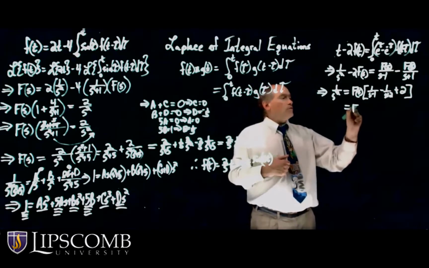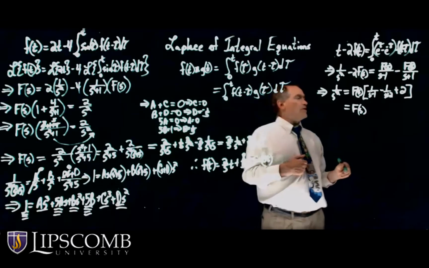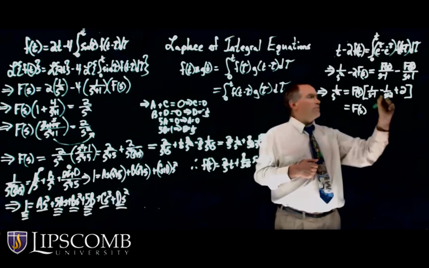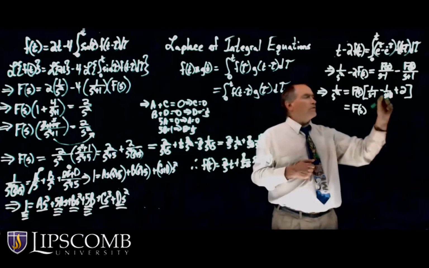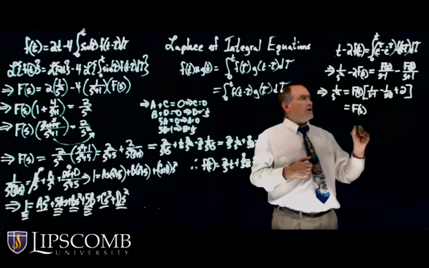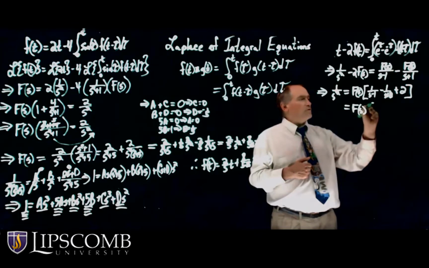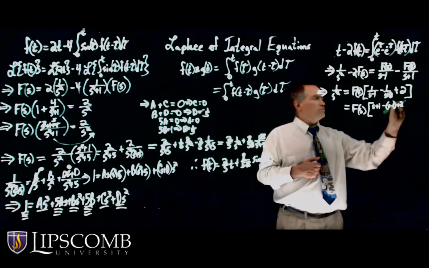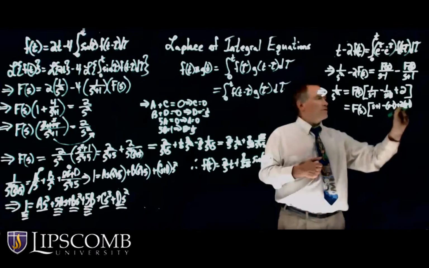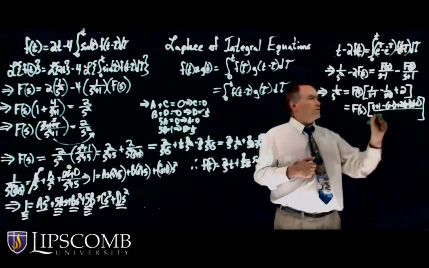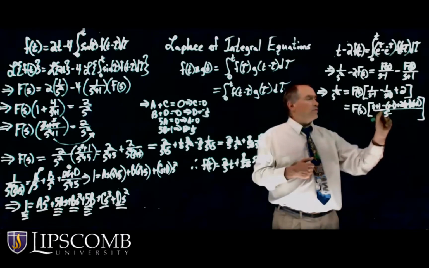If you don't mind, we're just going to simplify this. Let's get a common denominator. It's going to be s minus 1, and that should be a plus 1 right there. Sorry about that. I was thinking ahead on the plus 2. So let's get a common denominator, s minus 1, s plus 1. So that would be s plus 1 minus s minus 1, plus 2 times s minus 1 times s plus 1, all over s squared minus 1.